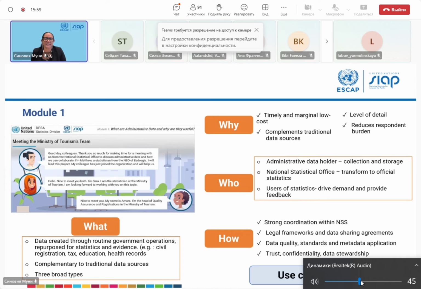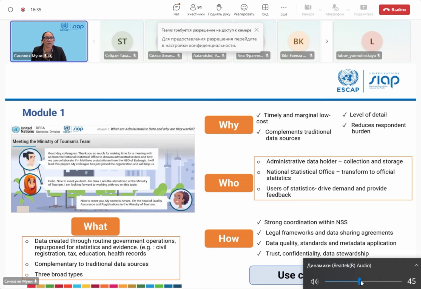The second type would be data capturing administrative decisions, for example, persons who are accessing welfare benefits or the issuance of permits. And the third type would be data generated through programs that are run by the government, so basically it covers service delivery. It's important for us to know the distinction between those different types, because that impacts the quality, the coverage, as well as its potential use for statistical purposes.